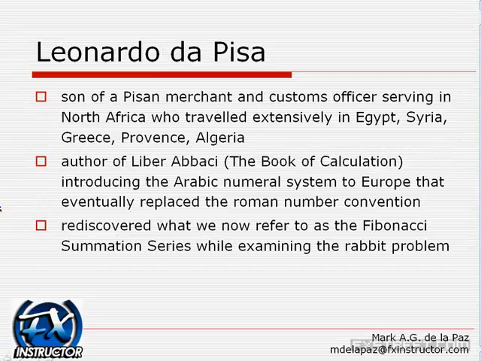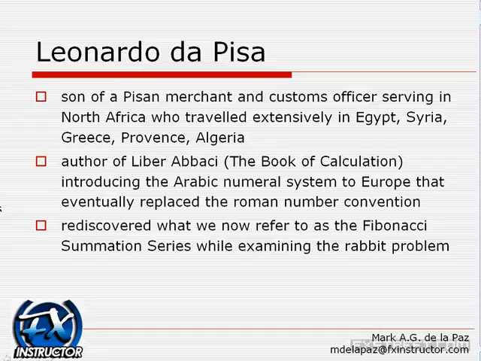All right. Who is Leonardo da Pisa? Basically, he was from Pisa, an Italian who traveled through much of the Arab world. In his travels, Leonardo da Pisa learned about the way Arabs did their math.